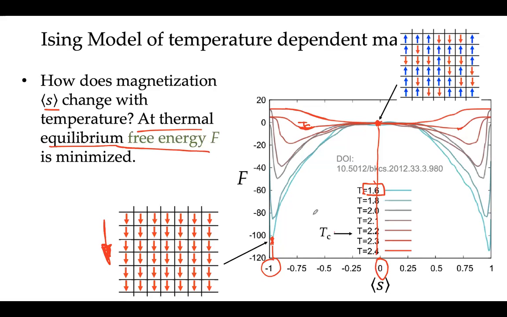You may ask, what is this dip for? Well, that minimum is actually for the same thing, except all the spins are up. So that corresponds to the case where, again, it's low temperature, but in this case all the spins are up.